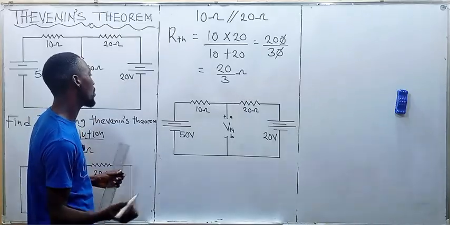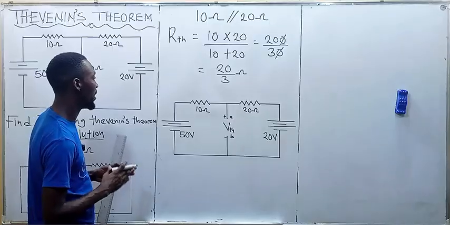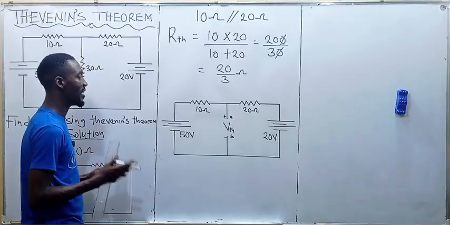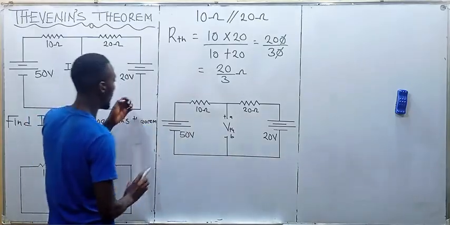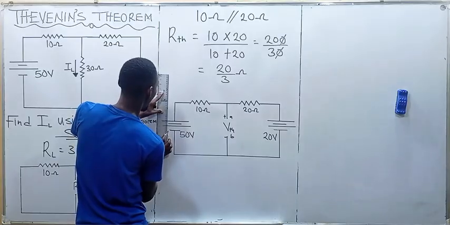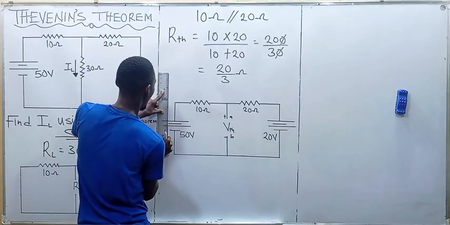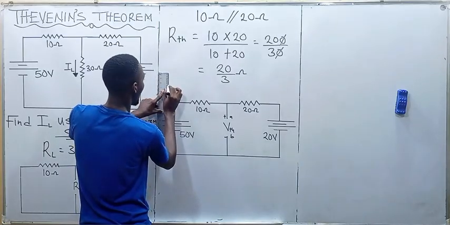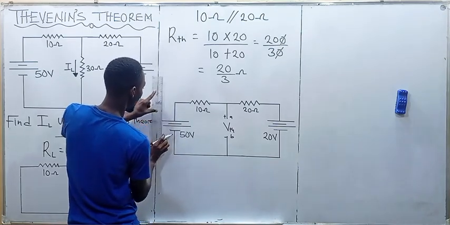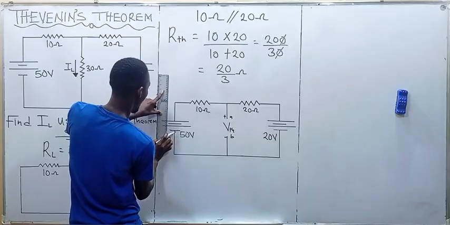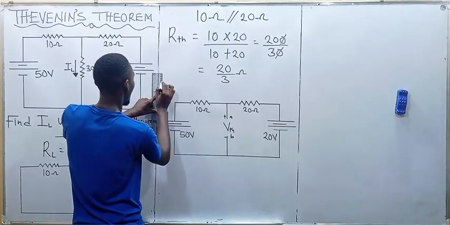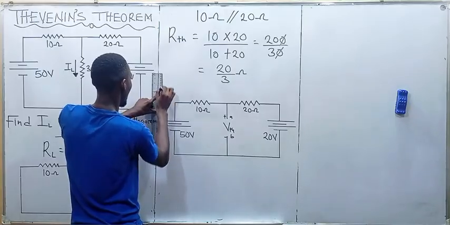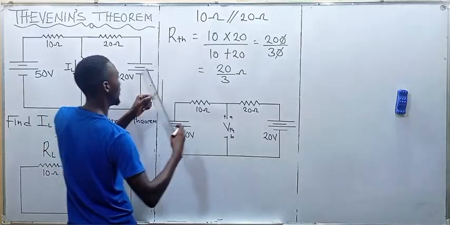Before we can do that, we are going to need to apply KVL to the outer loop of this circuit.